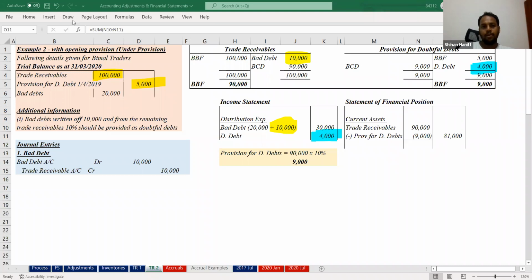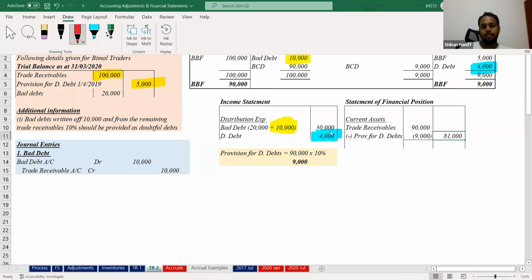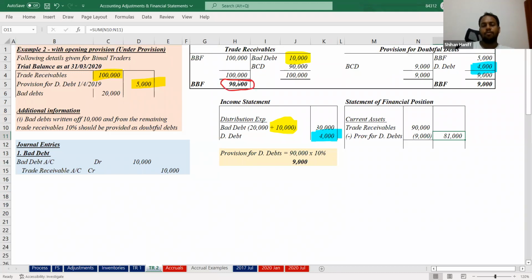Okay, let me explain the under provision part again. Now, net debtor balance is 90,000. From this 10% means 9,000. Your current year doubtful debt should be 9,000. Already there is 5,000 in the provision account.